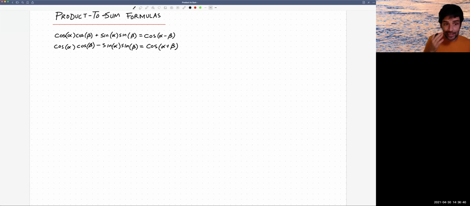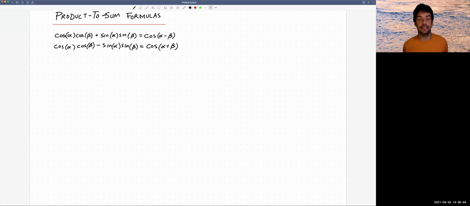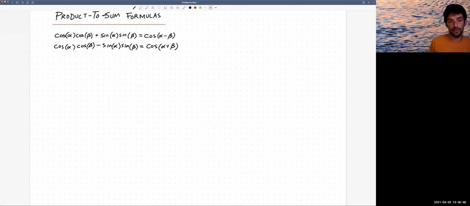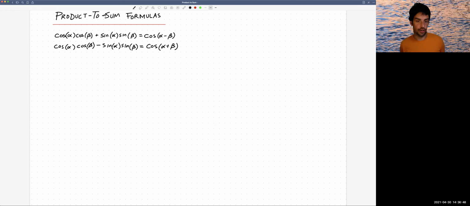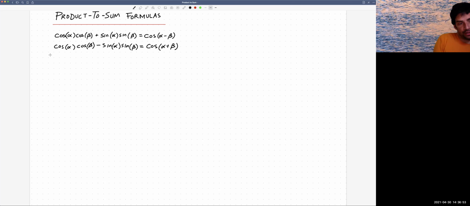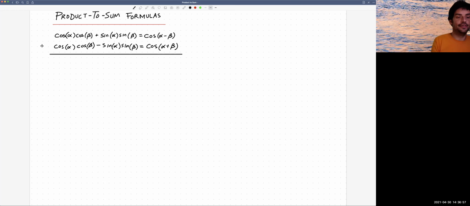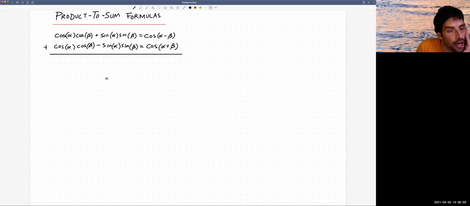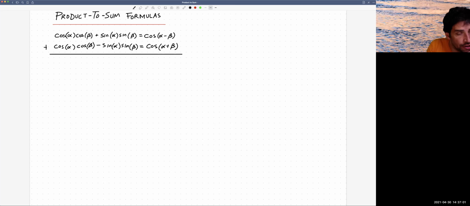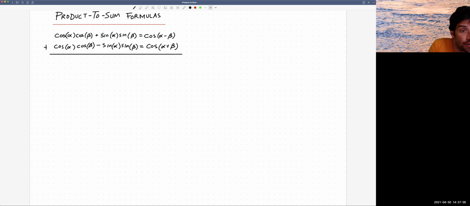What I've got written here right now is a couple of our sum and difference formulas, the ones for cosine. I've got the cosine difference formula and the cosine sum formula. We're going to do a little maneuver here. I'm going to add these two equations, because something interesting happens. We've got cosine alpha cosine beta plus cosine alpha cosine beta, which gives us two of those.